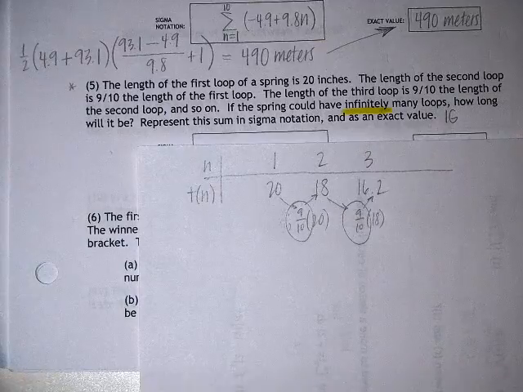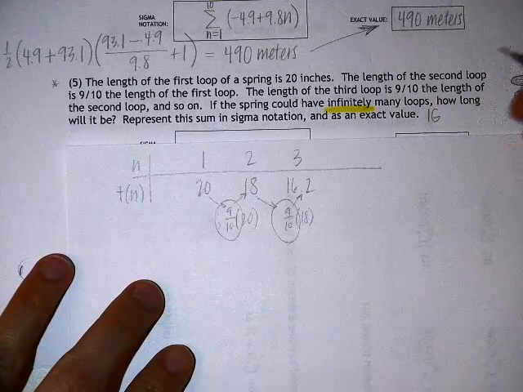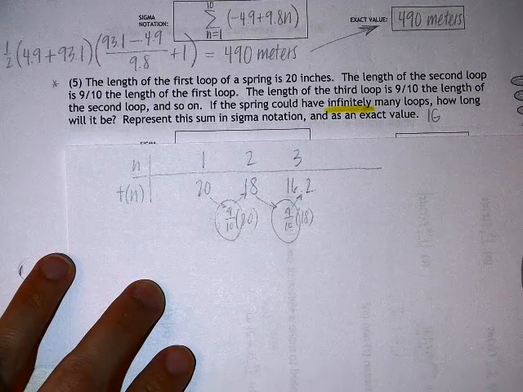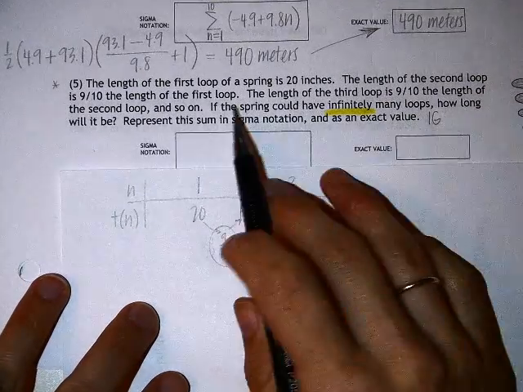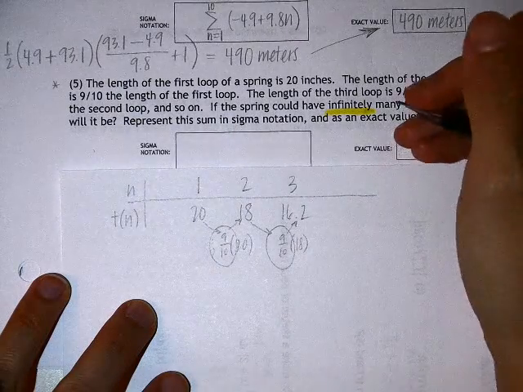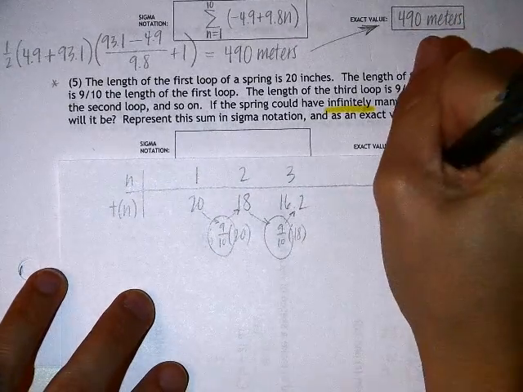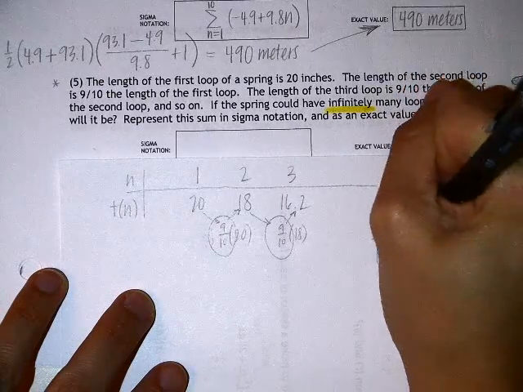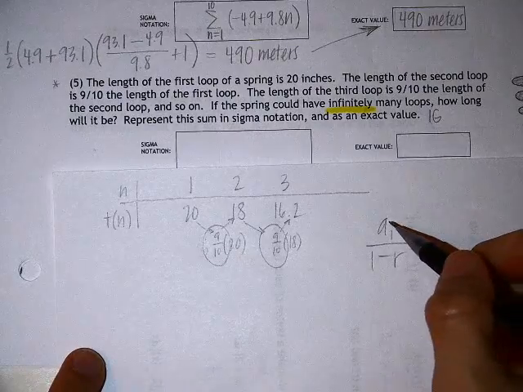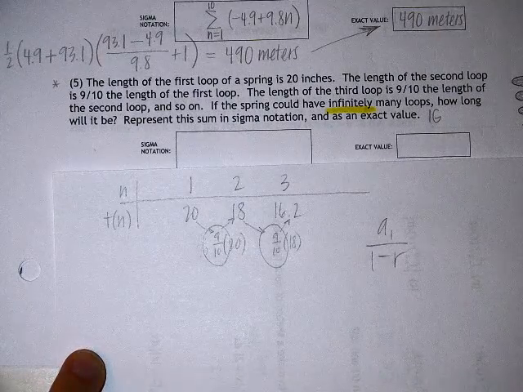If it's an infinite geometric sequence, then I'll need to have my infinite geometric series formula to be able to find the sum of the length of the loops. The infinite geometric series formula was a sub 1 over 1 minus r. That means I need a number for a sub 1, and I need a number for r.